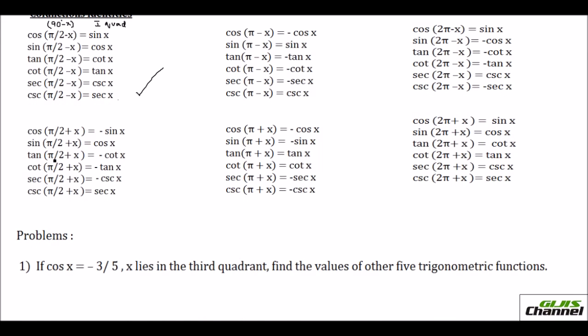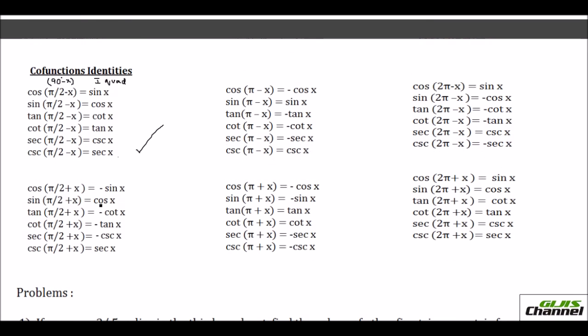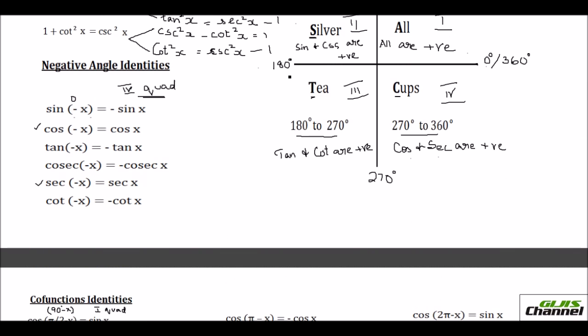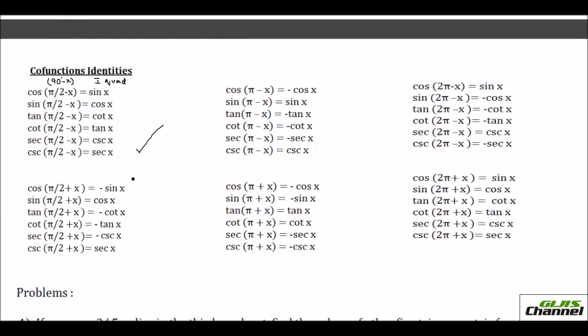Now when it is pi by 2 plus x. So understand this well. Your pi by 2 is 90. So this is 90 plus x. So where will that be? It will be in the second quadrant. So second quadrant. Right now let us just fix the quadrant there. Since it is 90, as I told you, you have to change all your ratios. You interchange the ratios.